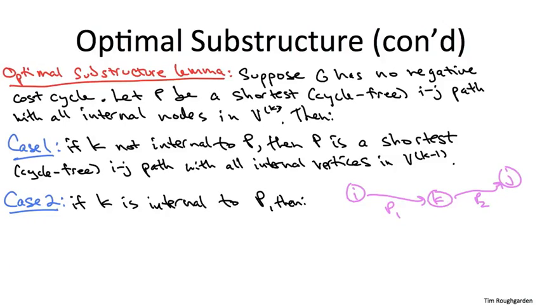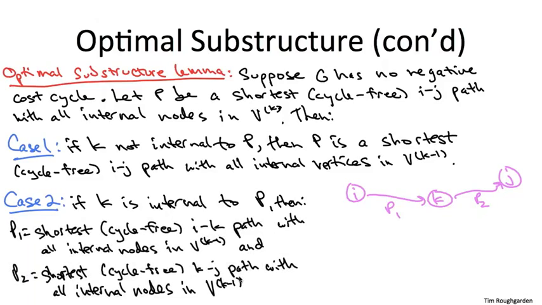Similarly, strictly between k and j in P2, there's only vertices between 1 through k minus 1. Thus, both of these paths P1 and P2 can be thought of as feasible solutions to smaller subproblems, subproblems with an even tighter budget of k minus 1 on the internal nodes that are allowed, and these aren't just feasible solutions for smaller subproblems, they're optimal solutions as well.